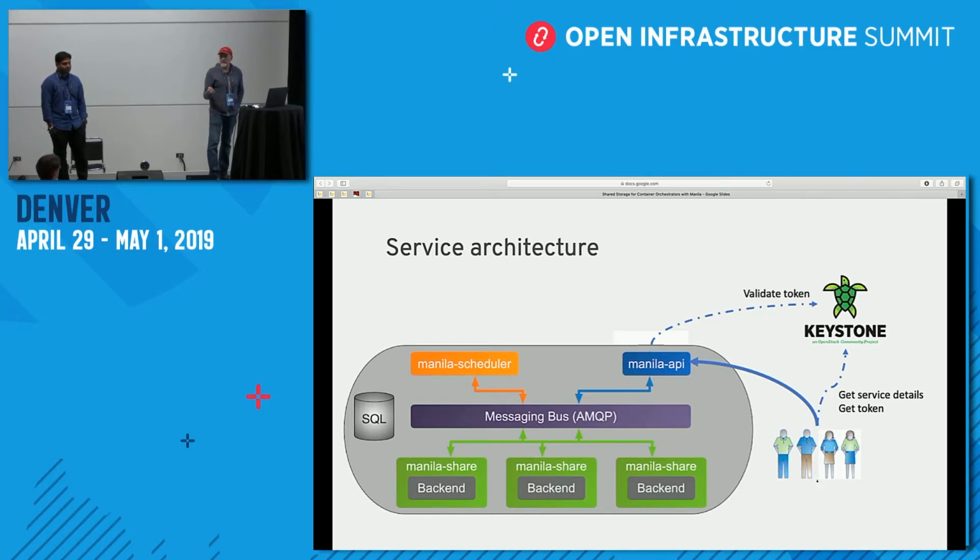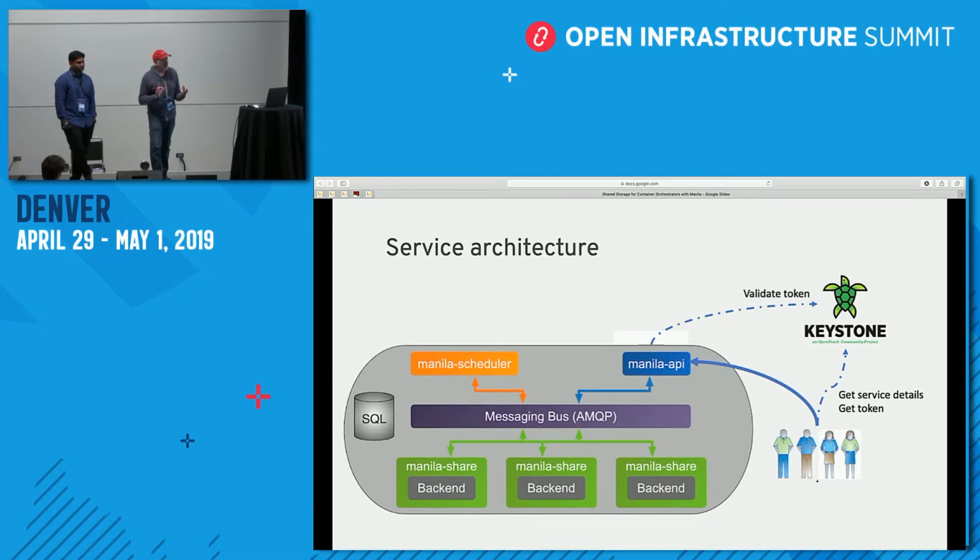I realize why. Manila has been traditionally introduced in terms of a generic backend driver that uses Cinder block storage to build its file shares on, and that uses Nova VMs as the things that export the file shares, and that uses Neutron, of course, to deliver the networking. But if you look at the core of Manila, we have an API service and a scheduler service, and we have share services with backends.